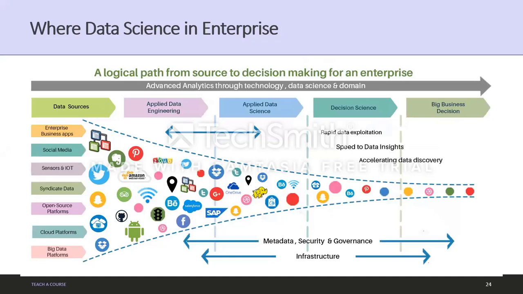So far we have discussed what data science is. Now we want to look at where exactly data science sits in enterprise architecture. First of all, try to understand what enterprise architecture is. If I have a retail industry, I might have many applications in my organization: inventory, sales, marketing, employee details, customer details.